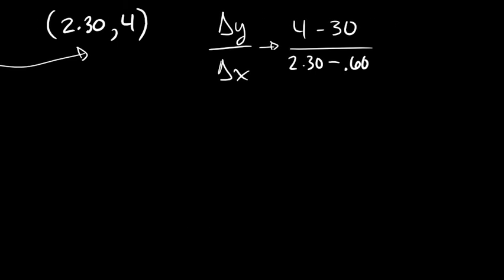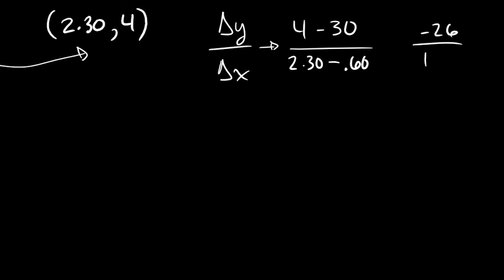And I'm going to grab my calculator. So 4 minus 30 is negative 26. So y decreased by 26. And while it was doing that, x ended up at $2.30, but it began at 60 cents. So $2.30 minus 60 cents gives me $1.70.